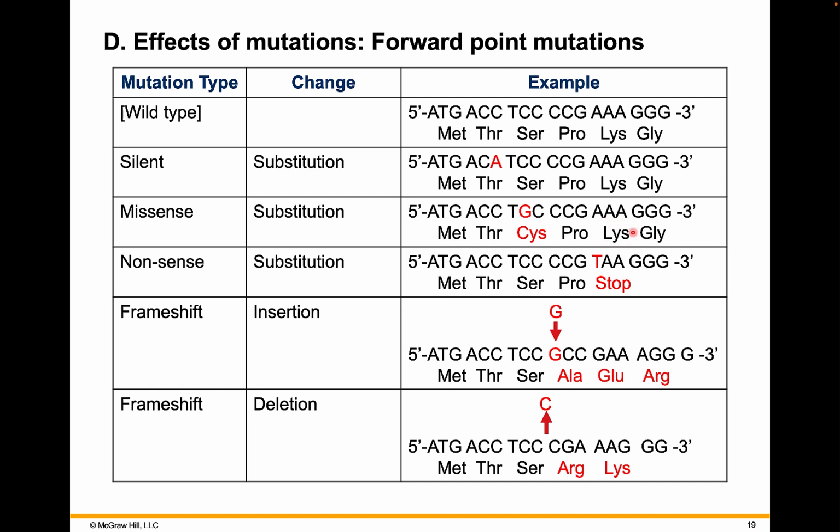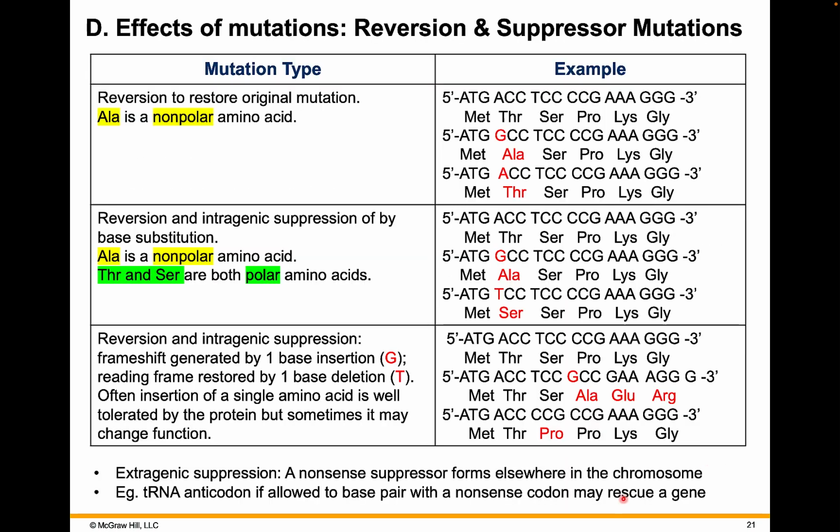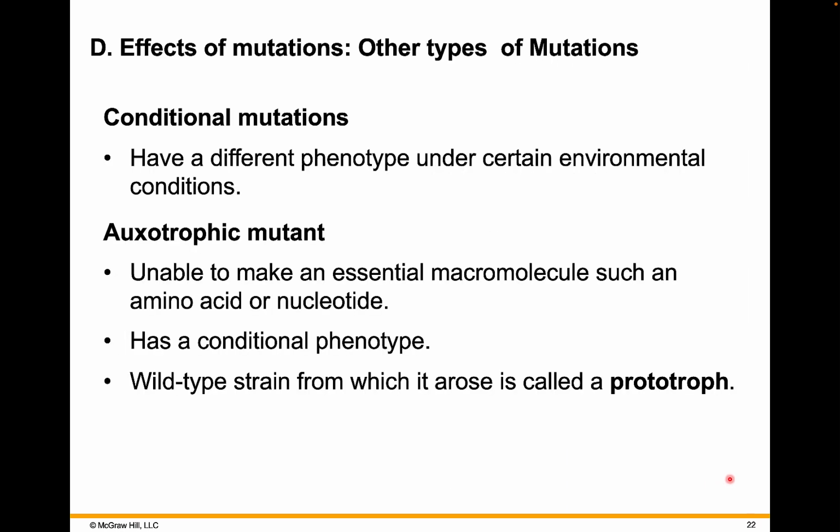There would be other lysyl tRNAs which can function and make correct proteins. But just one lysyl tRNA, instead of a stop codon making it stop, may bring the lysine and rescue the gene. So that's how we call this an extragenic suppression, where an anticodon can base pair with a nonsense codon to rescue a gene.